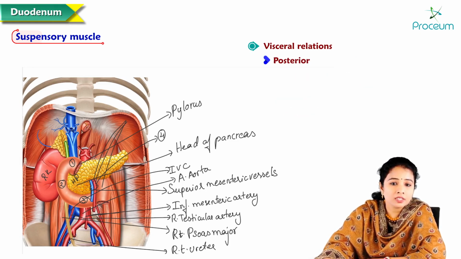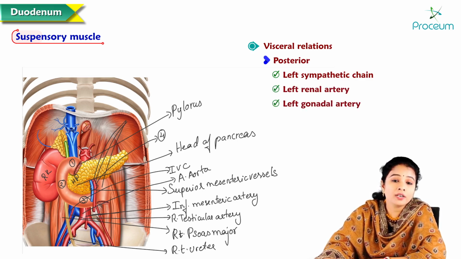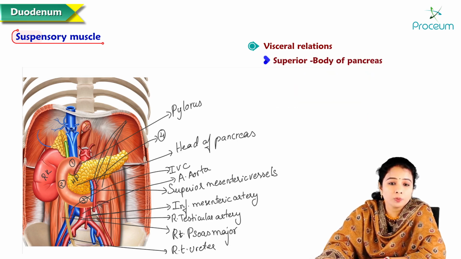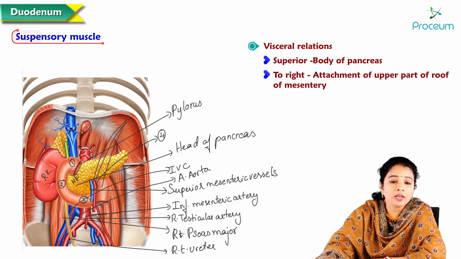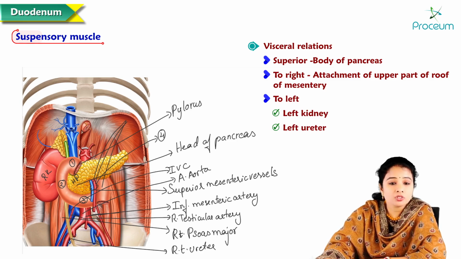Posteriorly it is related to the left sympathetic chain, the left renal artery, left gonadal artery, and also the inferior mesenteric artery. Superiorly it is related to the body of pancreas, to the right it is related to the attachment of the upper part of the root of mesentery, and to the left it is related to the left kidney and left ureter. So that is about the relations of the fourth part of the duodenum.